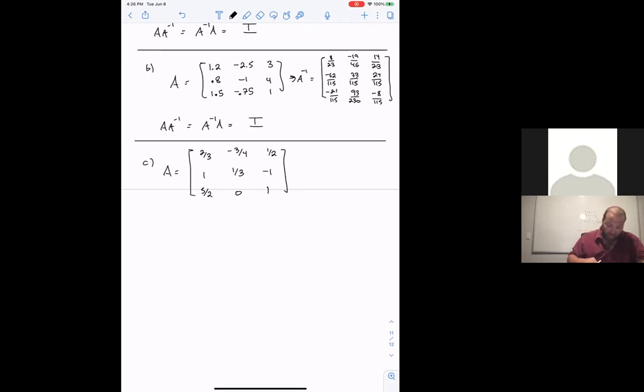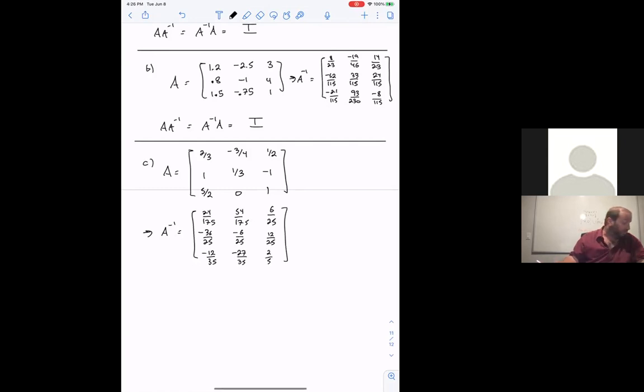Inverse, math, decimal, decimal. What do I get for A inverse here? I get 24 over 175, 54 over 175, 6 over 25, negative 36 over 25, negative 6 over 25, 12 over 25, negative 12 over 35, negative 27 over 35, and 2 over 5.